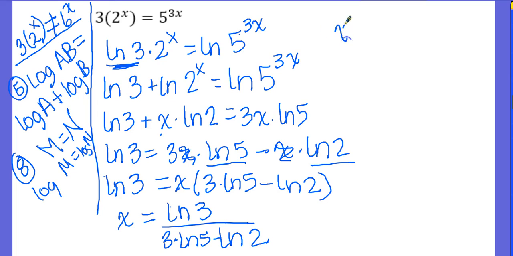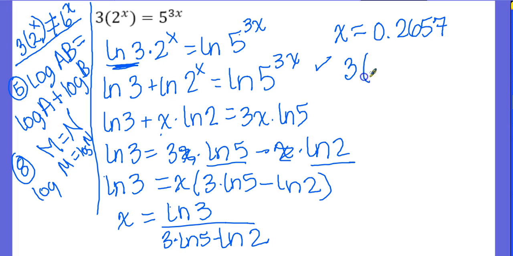Then we'll plug that into the calculator and we get the answer 0.2657. And then, of course, because we're careful, we check it. And we just plug it in exactly how it's written.